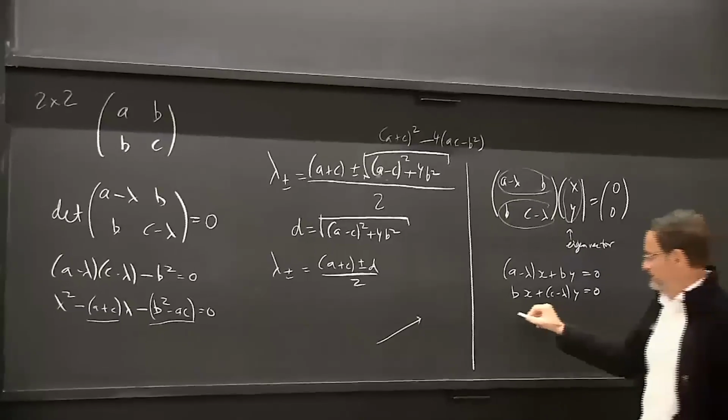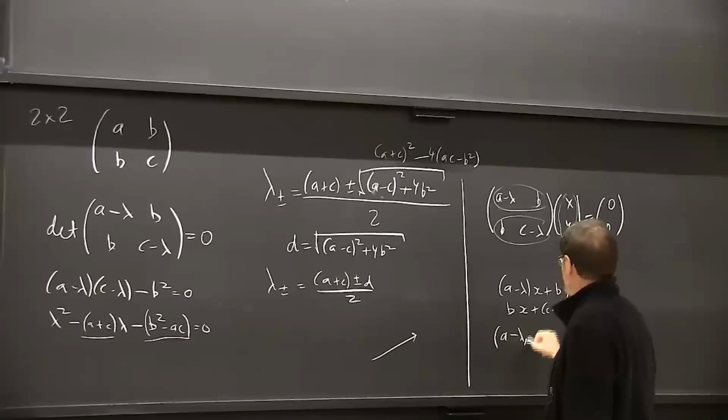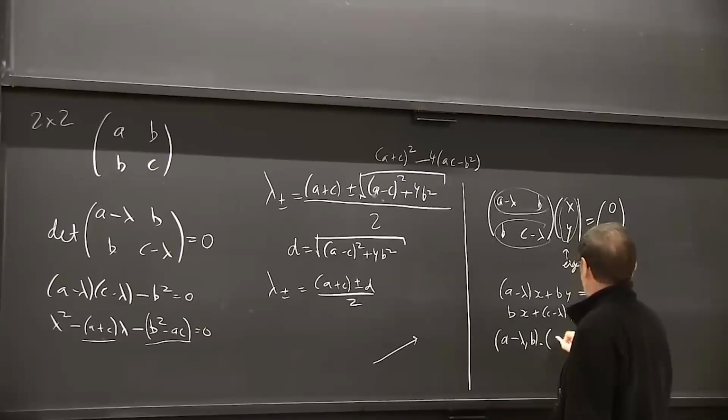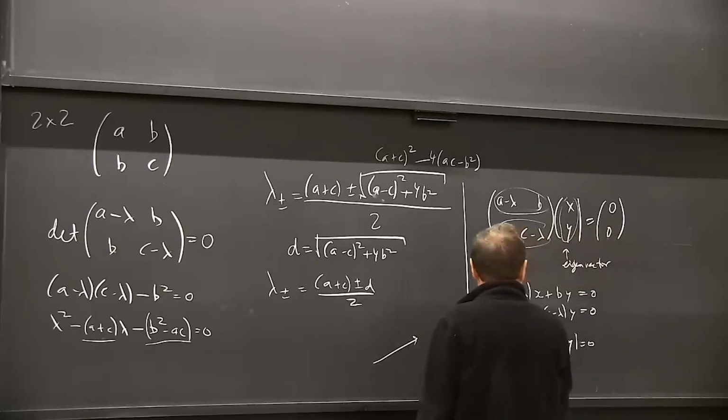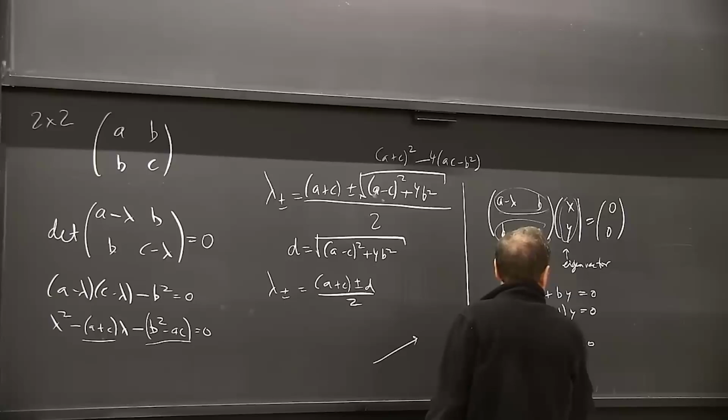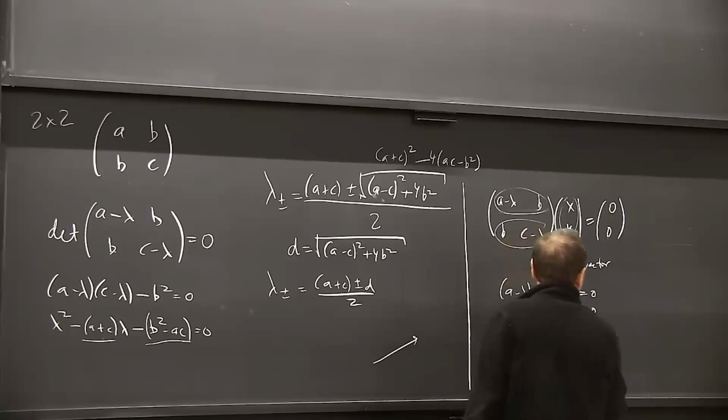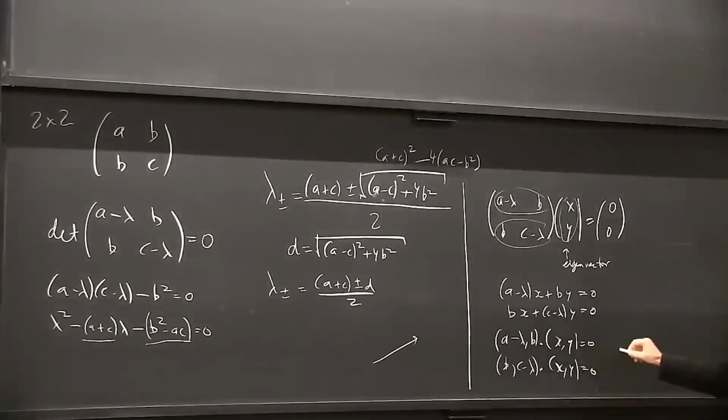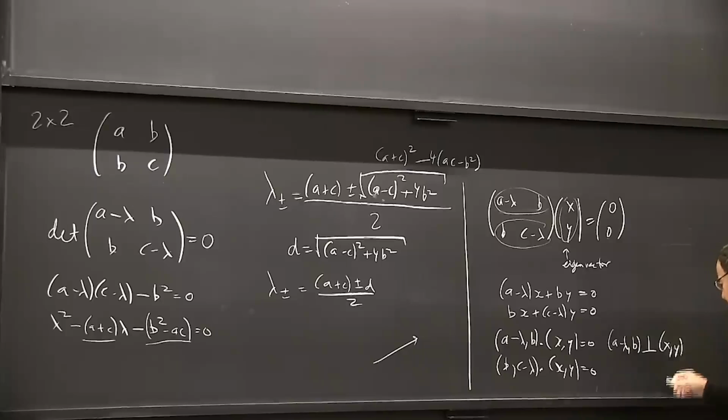and so I can think of this as a dot product. And I can think of this then as vectors being orthogonal to one another. Right? So this means that A minus lambda B is perpendicular to x, y.